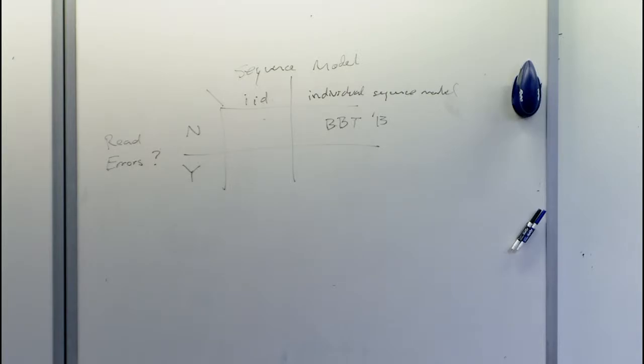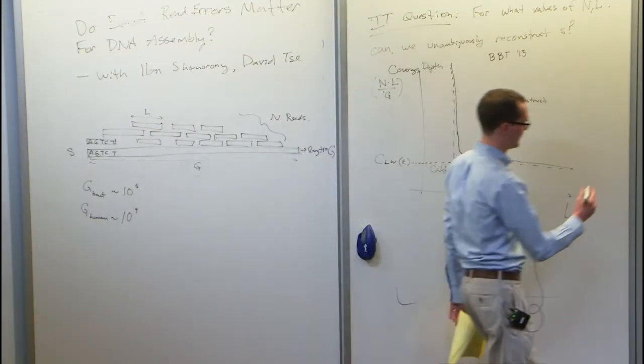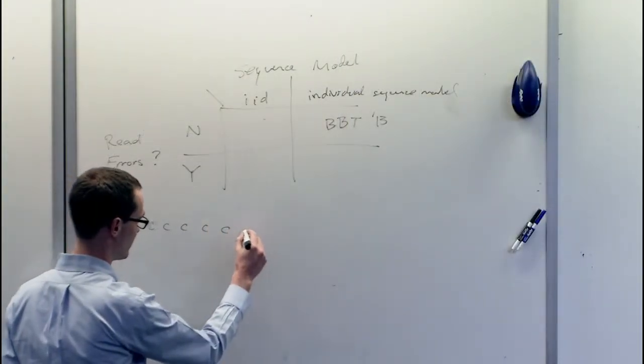I see. So actually, following up on Dick's question, what if you had all A's followed by all C's? How could you hope to reproduce that sequence, right? Well, then certainly you would need a read length that's long enough to allow you to disambiguate how long this repetition is.